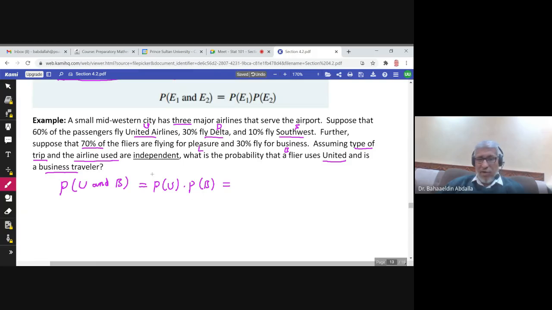Probability of flying using United Airlines is 0.6, 60%. And probability of flying for business is 30%. So this would give you the probability of using United and being a business traveler at the same time. The answer is 0.18.